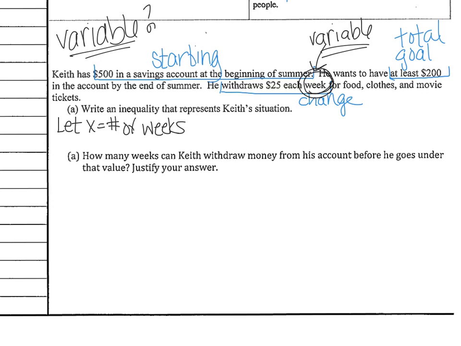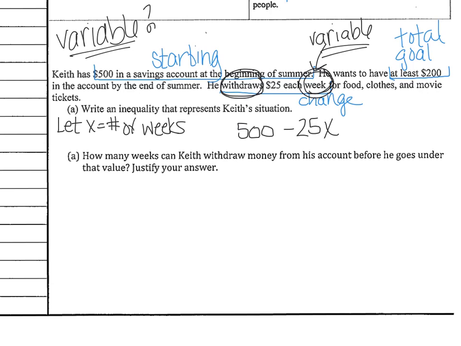All right, and then we're going to write an inequality. All right, so we have our starting amount. So Keith's situation, we've got the money that he has, and then we've got his goal. So let's try this. Let's say that he starts with $500, and then withdrawing $25 means he's subtracting $25, and then the word each means times, and our variable week.